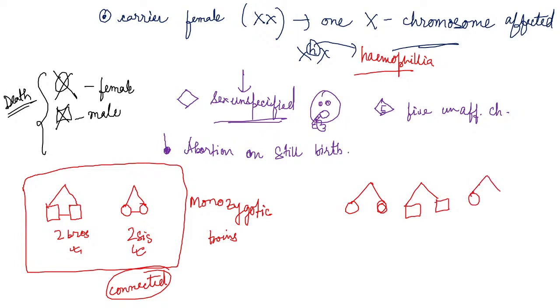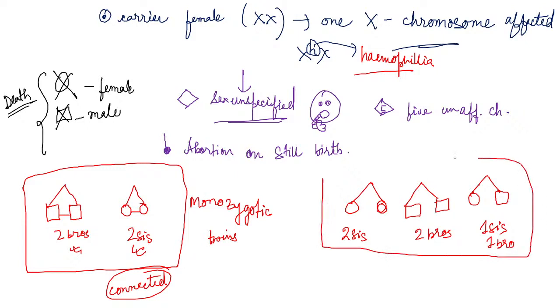We can also see this phenomenon, right? Here we will get two sisters, here two brothers, right? Here one sister, one brother. So what is this called? This total is known as dizygotic twins.